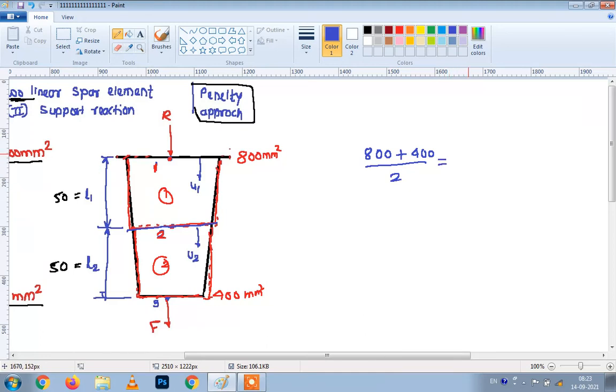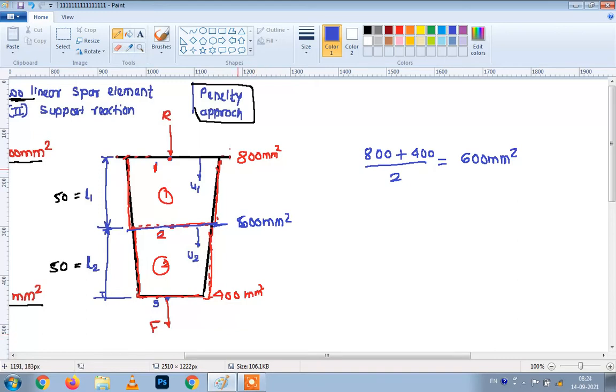So it will become 600 mm square. Total length is 100, and we have found the area at a length of 50 from the top section, so it is 600 mm square.